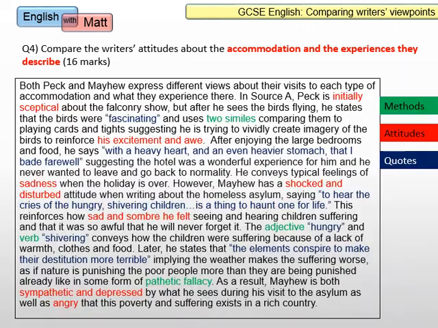And this is the last slide. So you can see I've got methods in green, attitude in red, and quotes or evidence in blue. So you can see that all of this fits together. And again, it is the red words that is driving your response, because this is a question where you are comparing what the writers think and feel. And these red words do that.